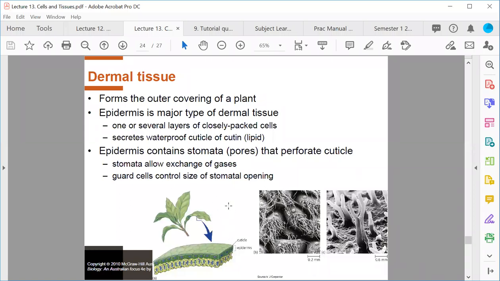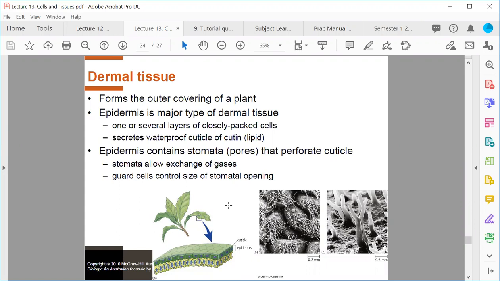The primary function of the cuticle is to prevent water loss to the atmosphere. But the plant still needs to take in carbon dioxide, and it needs to be able to remove water vapour from the inside of the plant leaf.